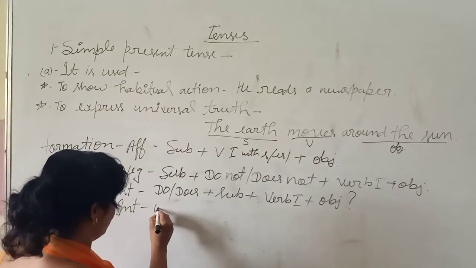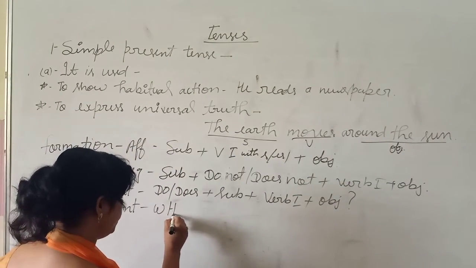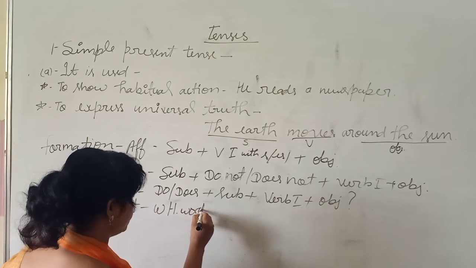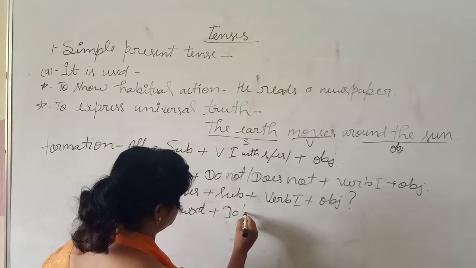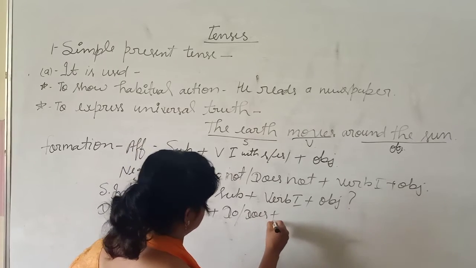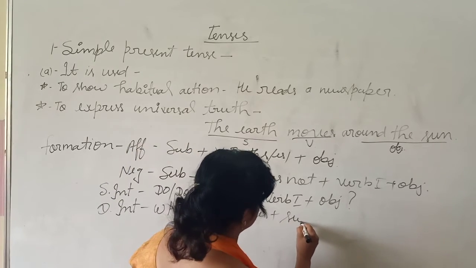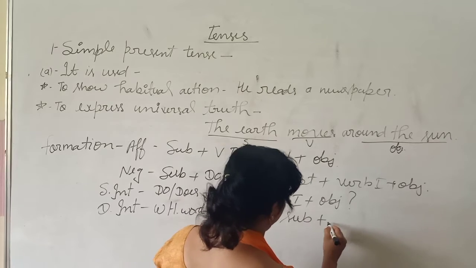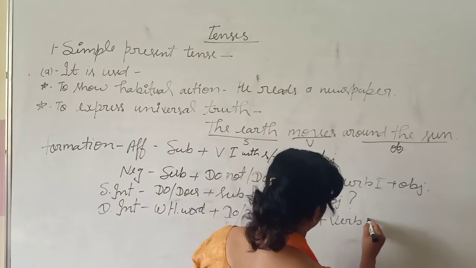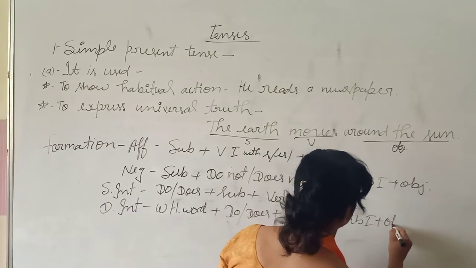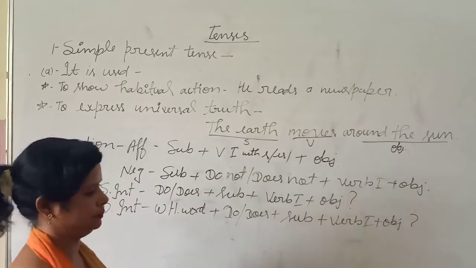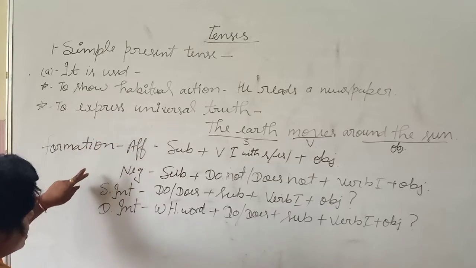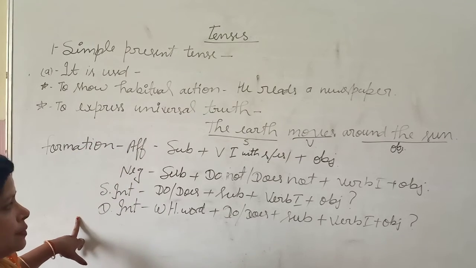So first of all we use a WH word plus do or does, plus subject, plus verb first form, plus object, and at last a question mark. Right, children? So this is the structure of the sentence.